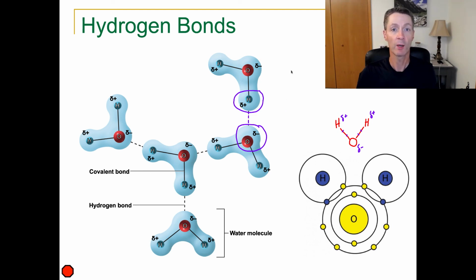Now this is a weak bond. Hydrogen bonds are weak, but if we consider a glass of water, it would have millions of water molecules in there, and when you think about the millions of hydrogen bond interactions that exist, it really makes for quite a considerable interaction occurring between these water molecules.